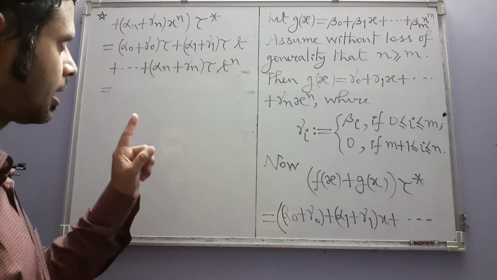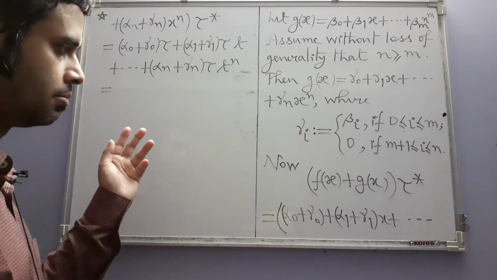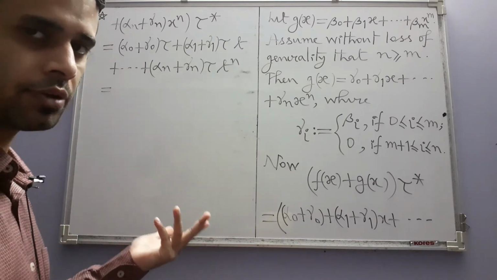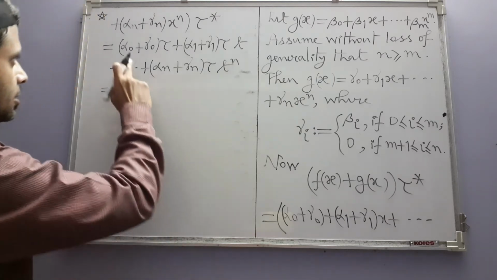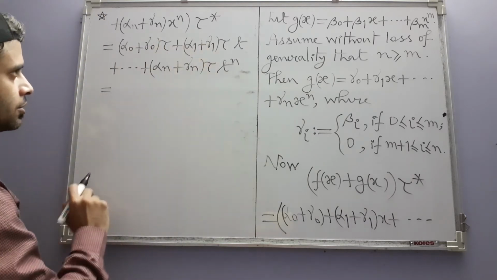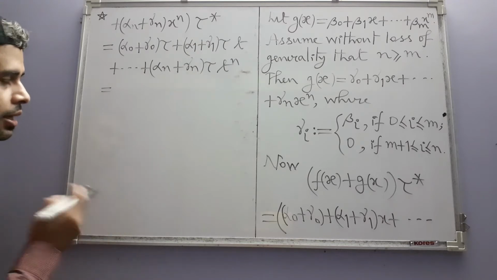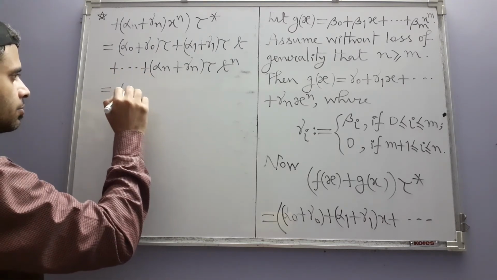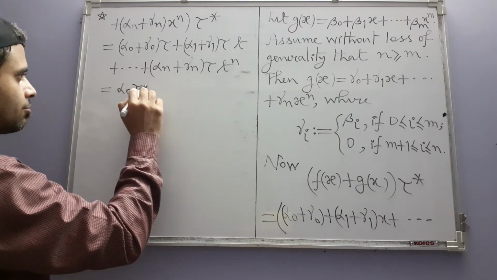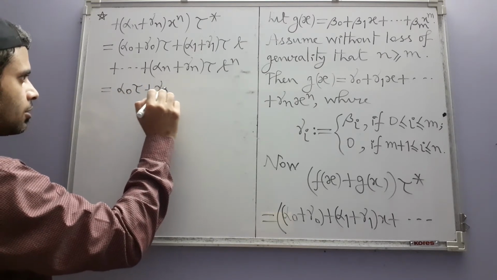Now, because tau originally is a homomorphism, in fact an isomorphism from f onto f prime, and these are elements from f, tau will respect addition. So this will be equal to the first term alpha naught tau plus gamma naught tau.